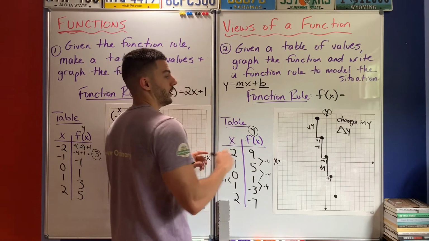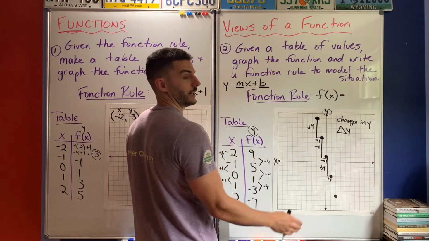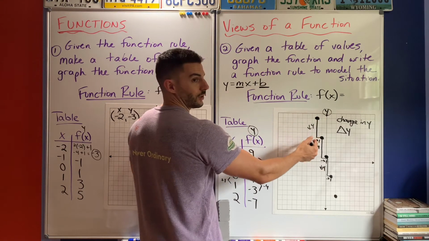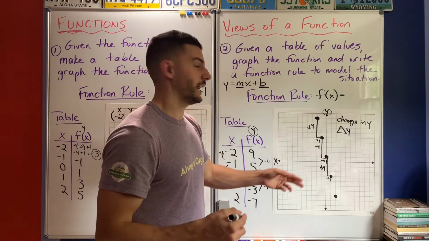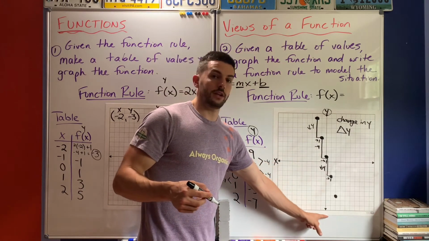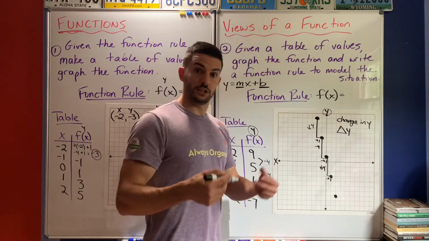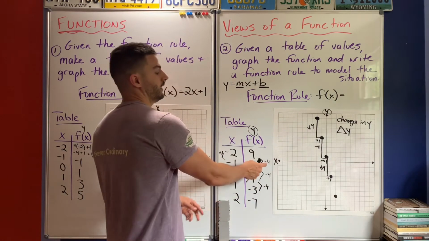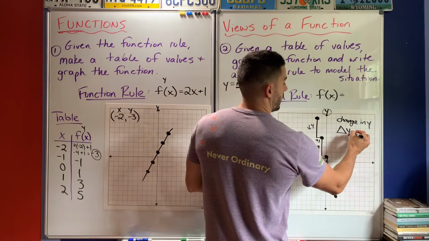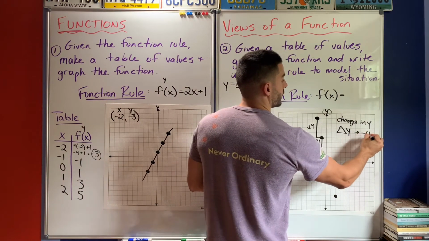In the y direction, the up and down direction, it's going down by 4. If you think about the y-axis, going down means where the negatives are, so it is decreasing by 4. That's what the graph is showing, and I know that from my table too. So I would say the change in y is -4.